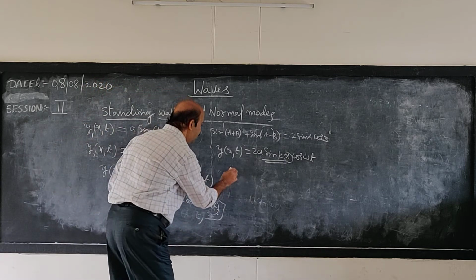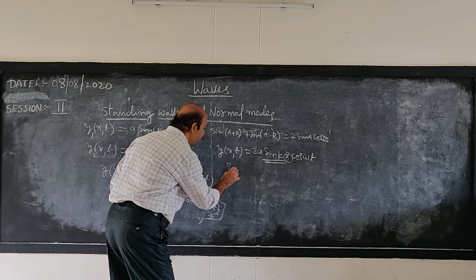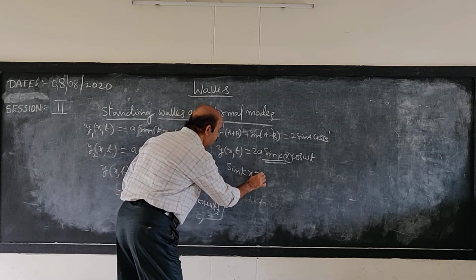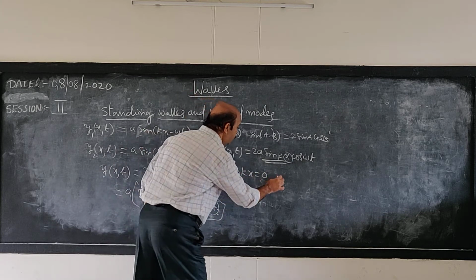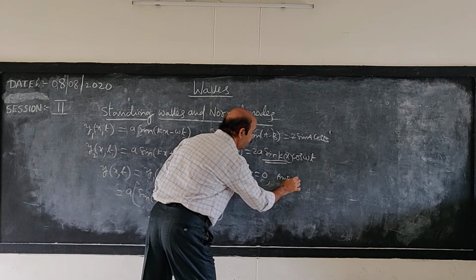Suppose the amplitude is minimum, then sin(kx) must be 0, so that the amplitude is 0.